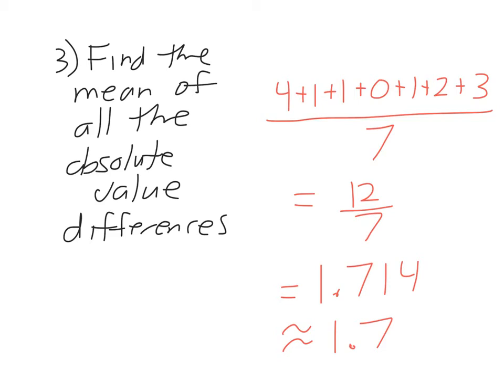I divided by 7 and I get 1.714, and so on. And that's approximately a mean absolute deviation of 1.7. That means the numbers are spread out about 1.7 away from the mean.